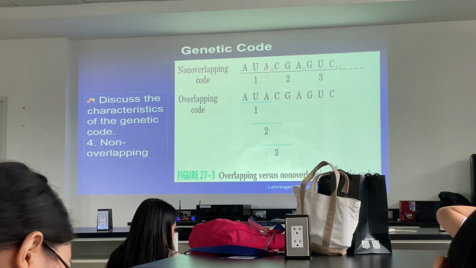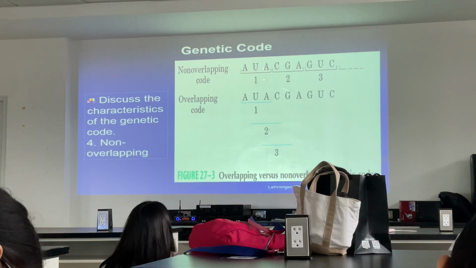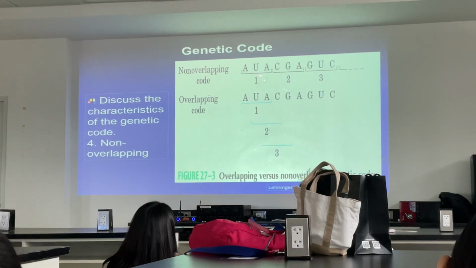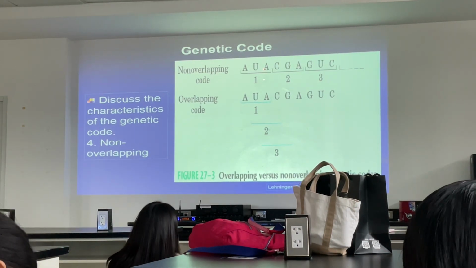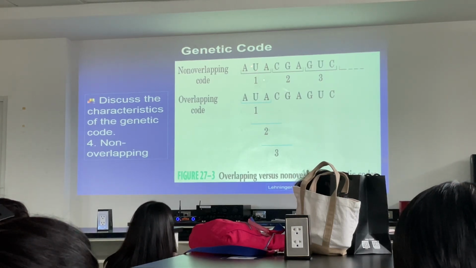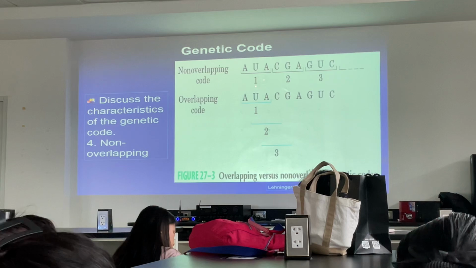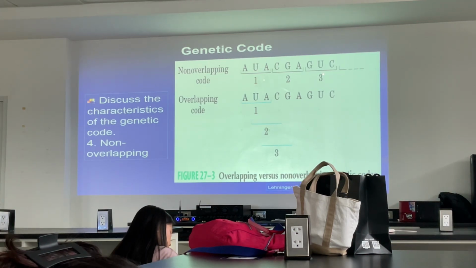So this is the first set, 3 of them, the second, the third. So therefore, the reading of the codon is non-overlapping. So the codons are being read in sets of 3 nucleotides. One set, 3, 3, 3.